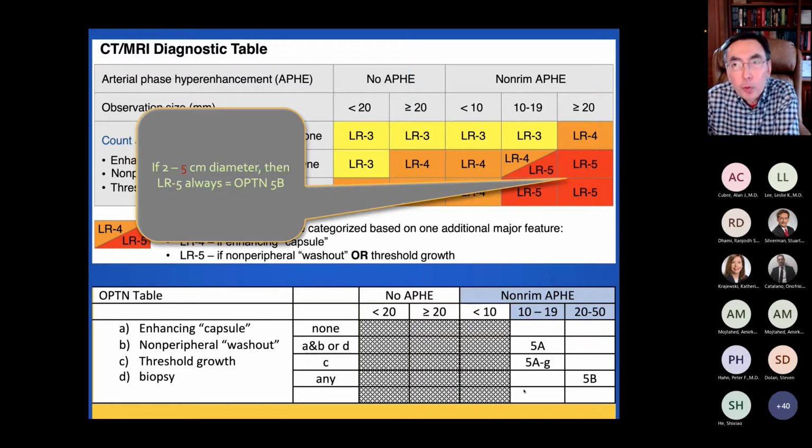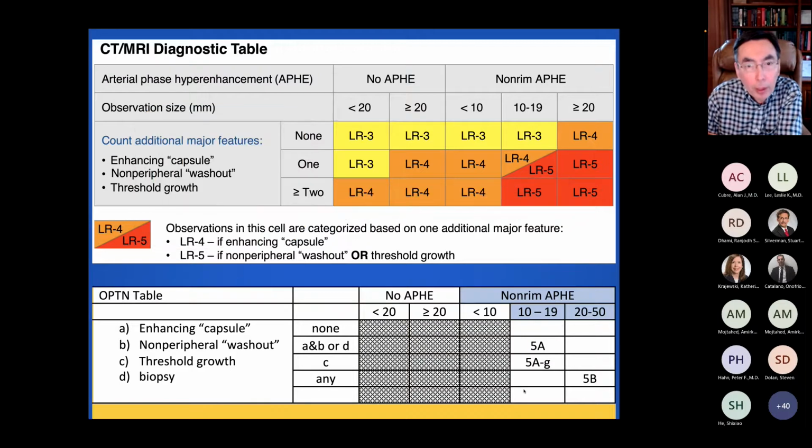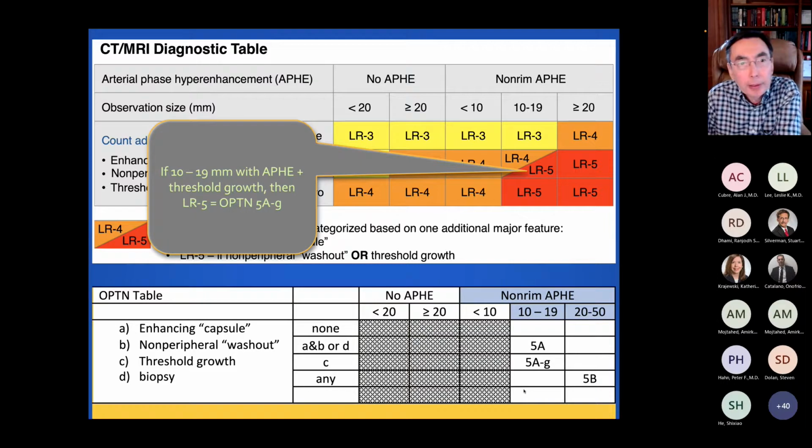On the other hand, if you have an observation with arterial phase hyperenhancement that's at least 2 centimeters in diameter and has at least one major feature making it a LI-RADS 5, then that will always correspond to an OPTN 5B. So it's highly congruent in this column. And then if you look at observations that are between 10 to 19 millimeters in diameter with arterial phase hyperenhancement, there are some slight differences.